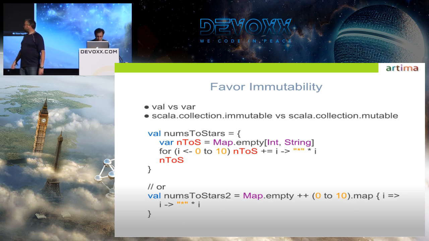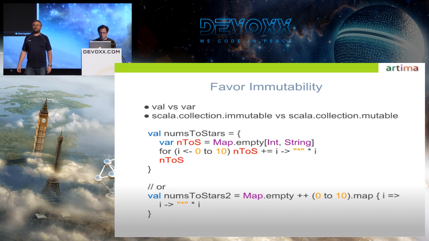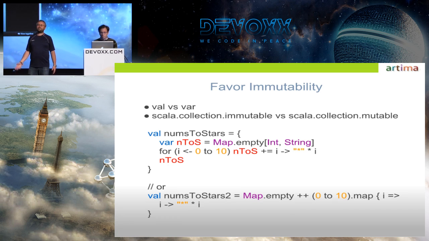This one's a really simple one. Try and favor immutability whenever you can, and Scala will help guide you into this. So instead of using vars, try and use vals. A trick that I use, and I stole this idea wholeheartedly from NetBeans, is a color scheme that's actually freely available. I need to blog it or something so people can download it.